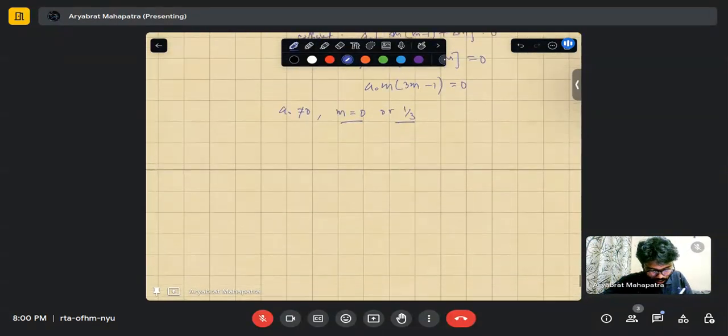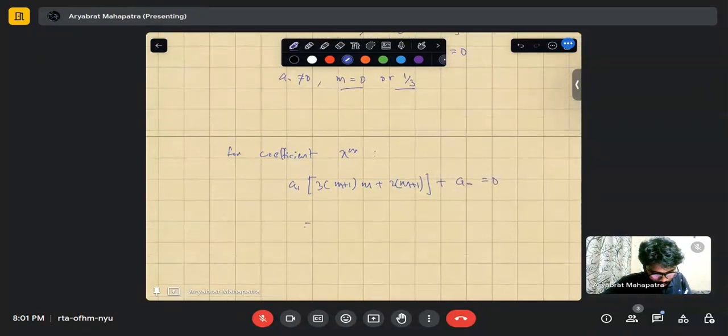When you take the coefficient of x to the power m, you will see that there you will get a1 (3m plus 1)(m plus 2)(m plus 1) plus a0 equals to 0. So from here, you basically will get a1 equals to minus 1 over (m plus 2)(m plus 1) times a0.